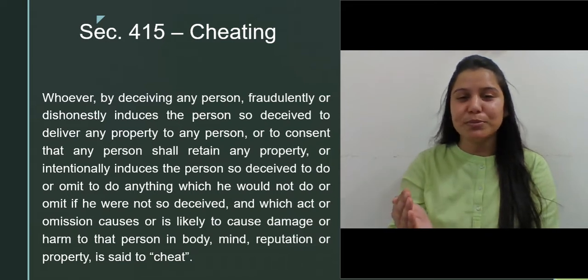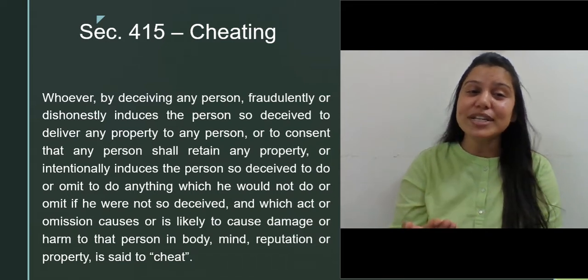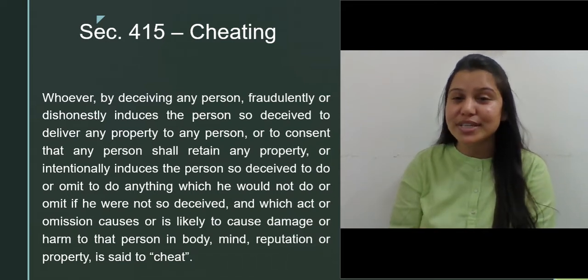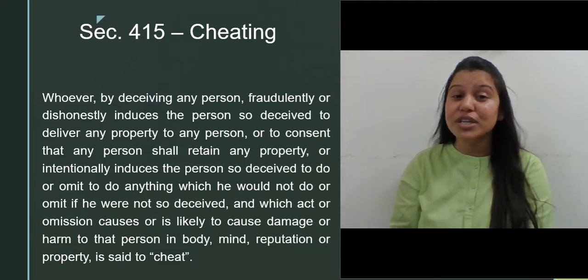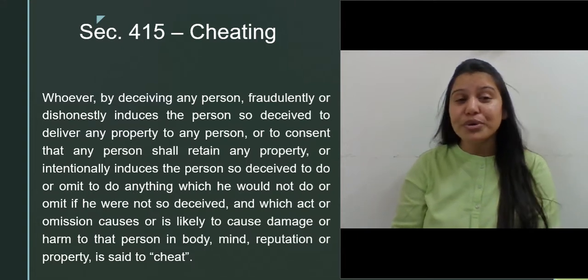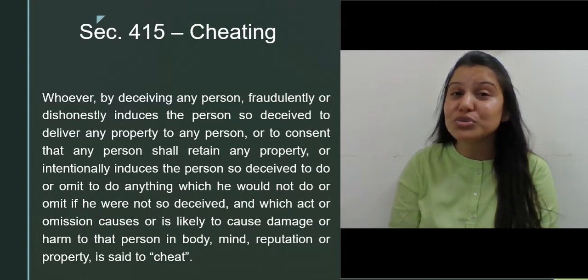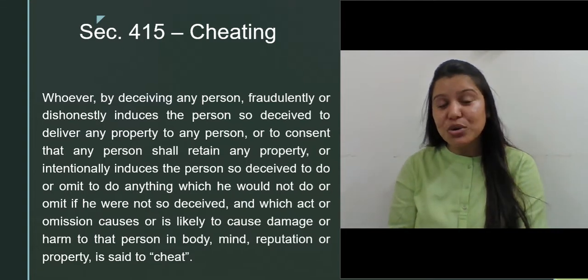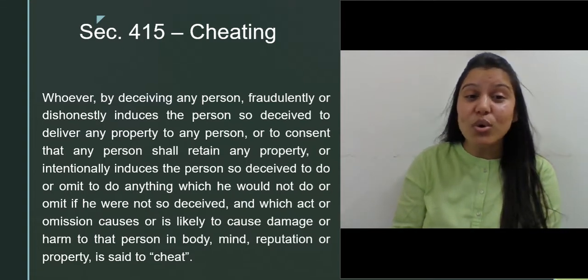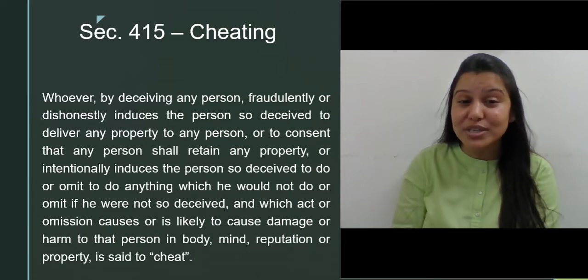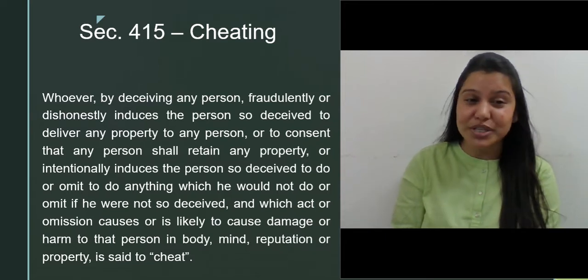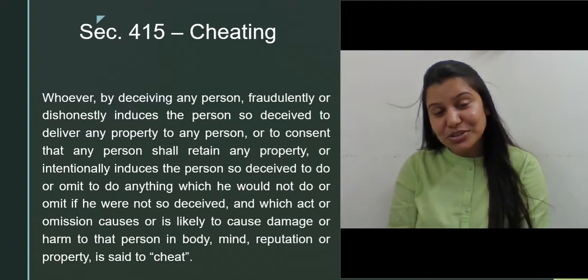The second one would be: or intentionally induces the person so deceived to do or to omit to do anything which he would not do or omit if he were not so deceived, and which act or omission causes or is likely to cause damage or harm to that person in body, mind, reputation or property, is said to cheat.